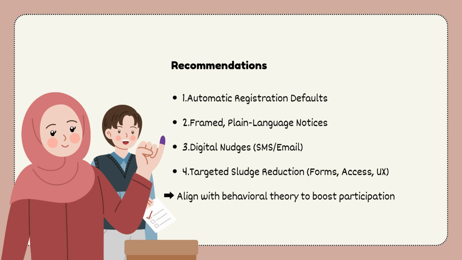Third, digital nudges, text or email reminders before voting week. And fourth, targeted sludge reduction, like simplified voter tools, especially for youth and remote communities. Each recommendation aligns with behavioral science principles and addresses gaps in the 2024 election.